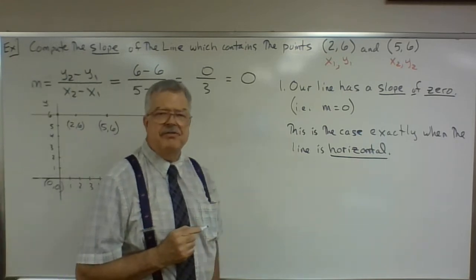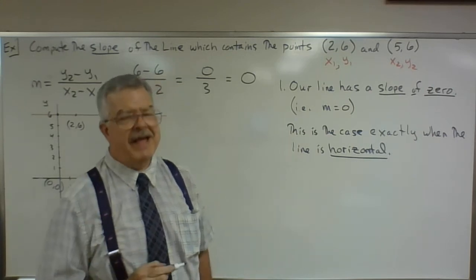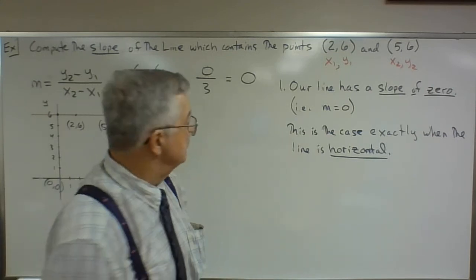Our line has a slope of 0. That happens exactly when the line is horizontal.